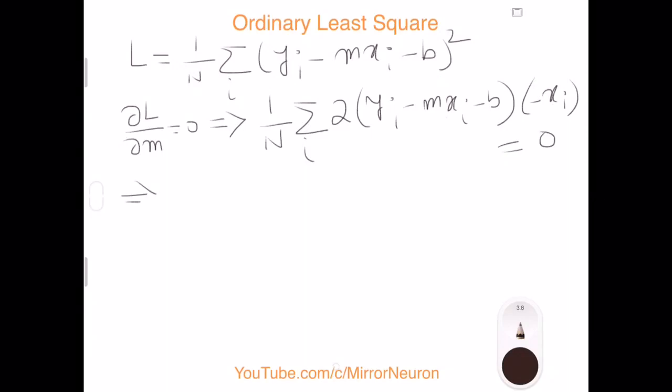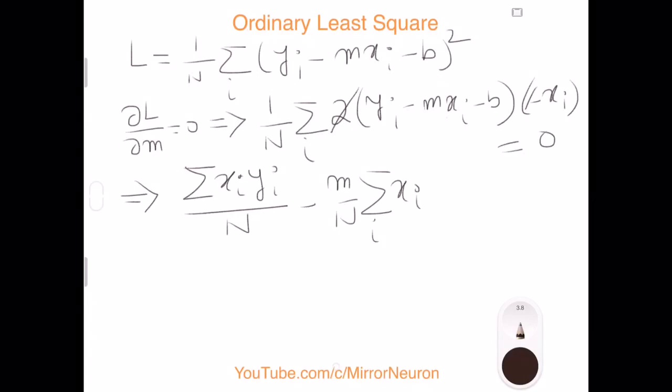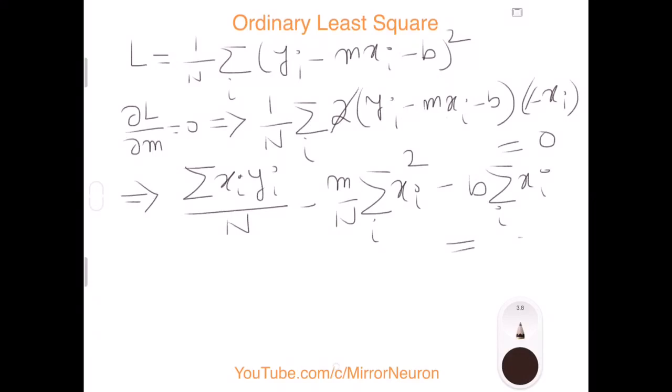This implies the 2 can be cancelled and this minus symbol can be cancelled. So we have summation of xi yi, so xi is being multiplied to all the terms, divided by n. Then we have m over n summation i xi square, and then we have b times summation i over n, i to n xi. Now this is equal to 0.